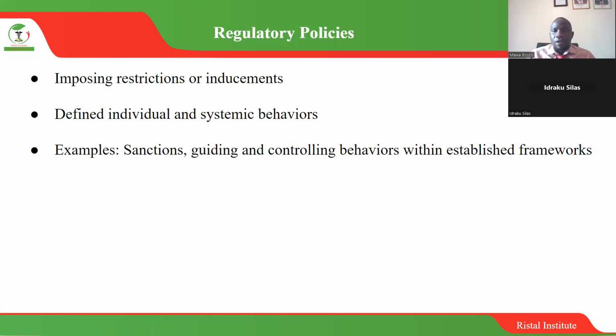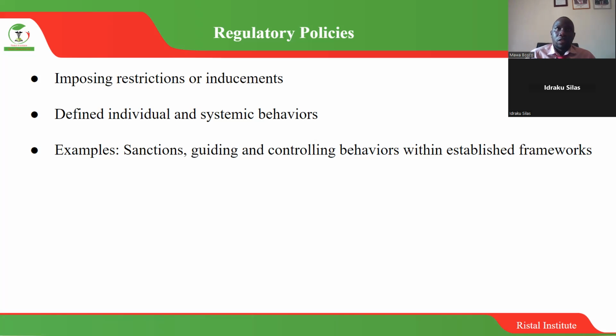Let us say smoking, for example. You don't want people to be smoking everywhere because of secondary smoking. So you have a policy that regulates where people smoke, okay? Where cigarettes are actually being sold. People should not be allowed to sell cigarettes to underage people.